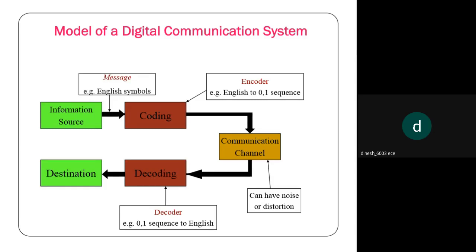That message will be converted into its corresponding symbols or signals in any format. For example, I give an example in English. The message is: today is Gokulashtami, or today is Krishna Jayanti. That has to reach you. So it takes some forms of coding.